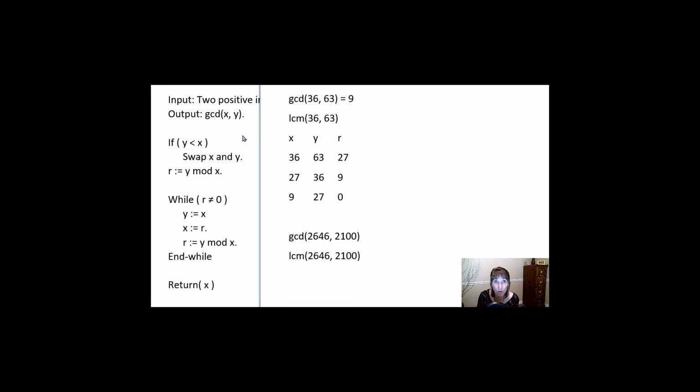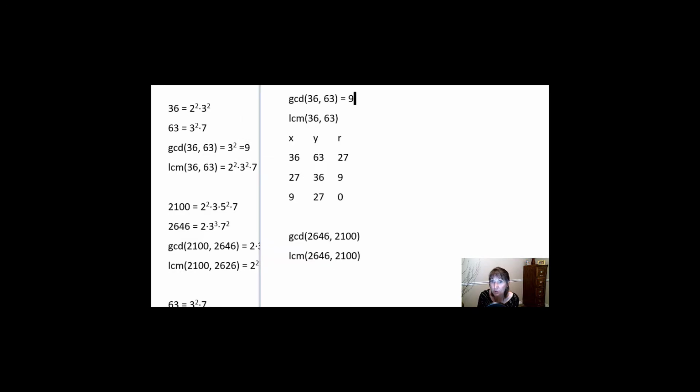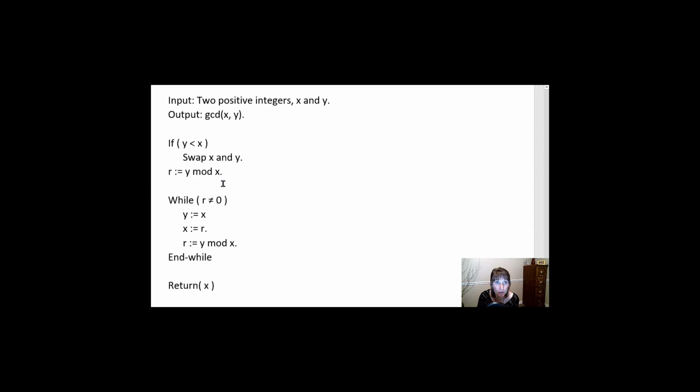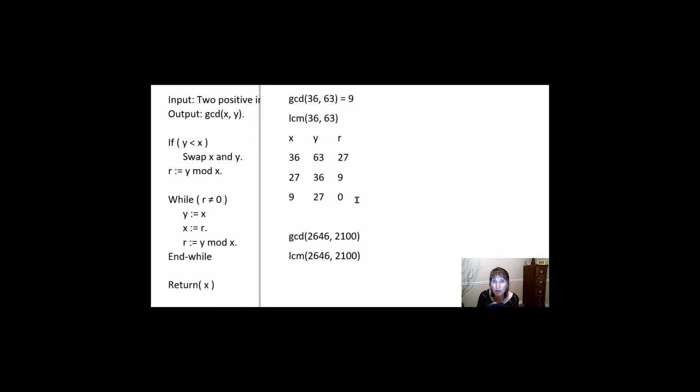And if we go back and check, when we did it using prime factorization, we actually found that same number. Now, since we don't have the prime factorizations to use to figure the least common multiple, we can use the formula. Do you remember what that formula is? The least common multiple is equal to x times y divided by the greatest common divisor.